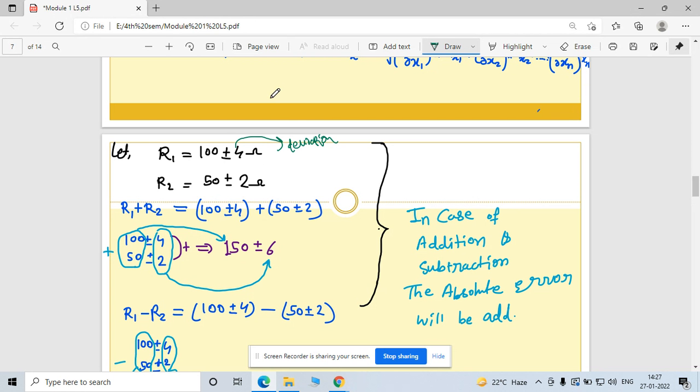At that time, when you add these two quantities, the errors are directly added.